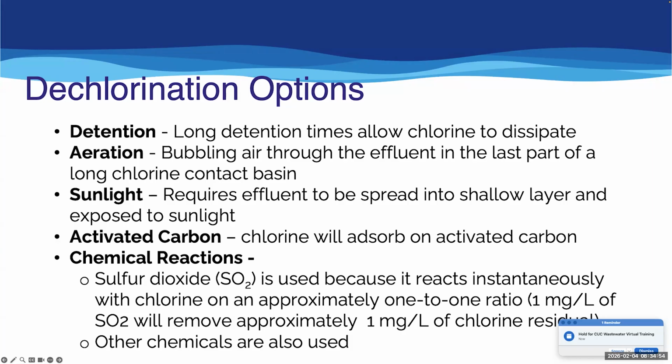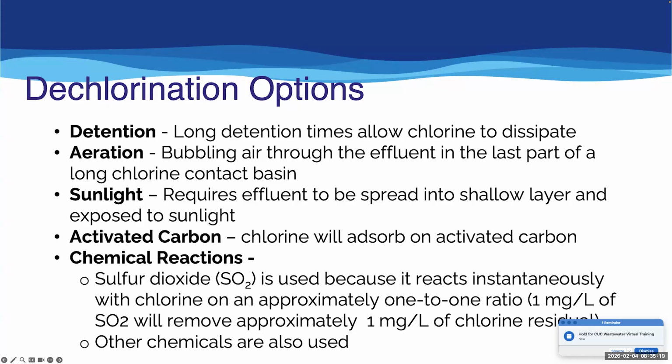Or we can use a chemical reaction, and sulfur dioxide gas is kind of the most typical version that we use. One of the reasons that it's used is because it reacts almost instantaneously with chlorine, and it also does so in a 1-to-1 ratio. So more or less, a concentration of 1 milligram per liter of sulfur dioxide will remove about 1 milligram per liter of chlorine residual.